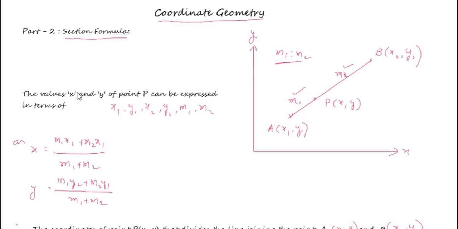Now in such a case, the coordinates of P can be expressed in terms of x1, y1, x2, y2, m1 and m2, and that is x equal to m1 x2 plus m2 x1 divided by m1 plus m2, y equal to m1 y2 plus m2 y1 divided by m1 plus m2.